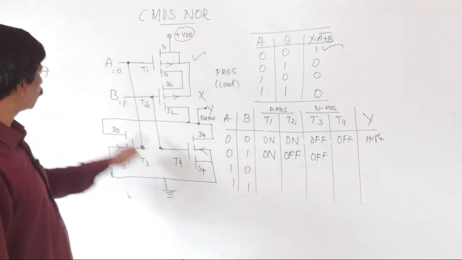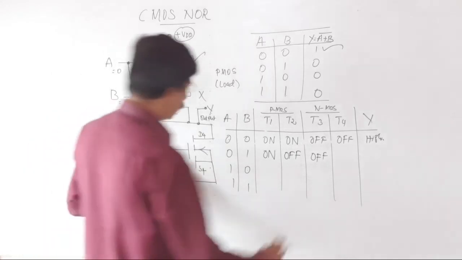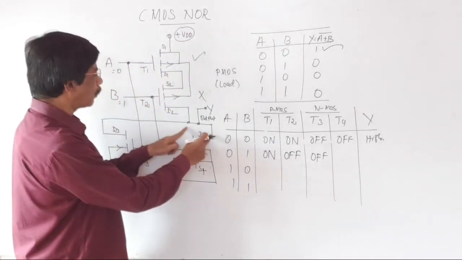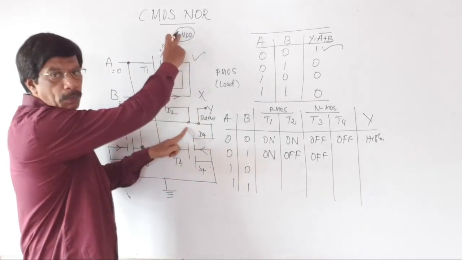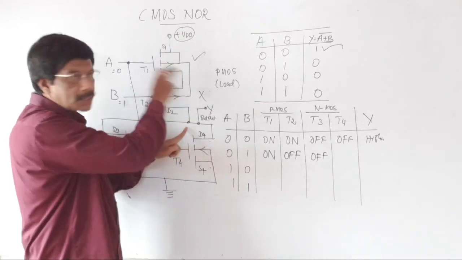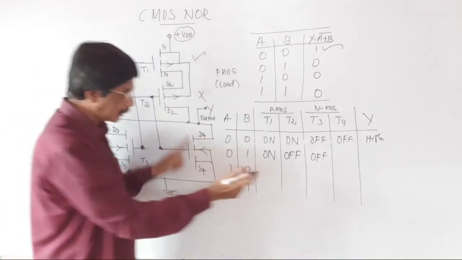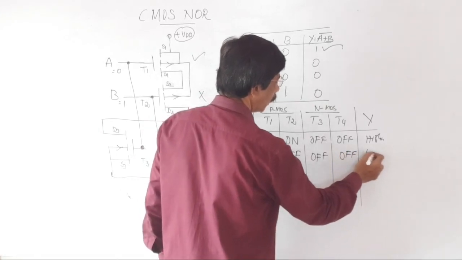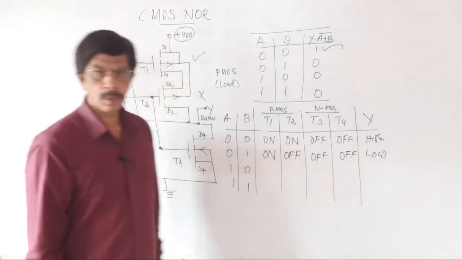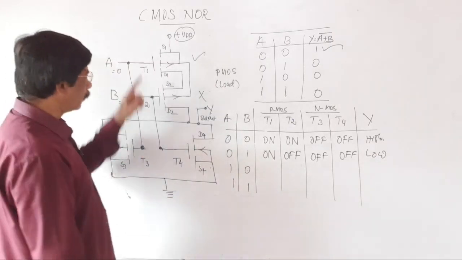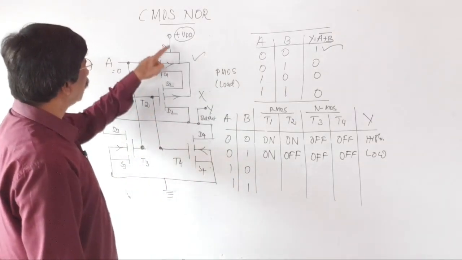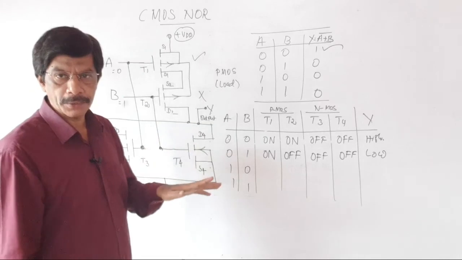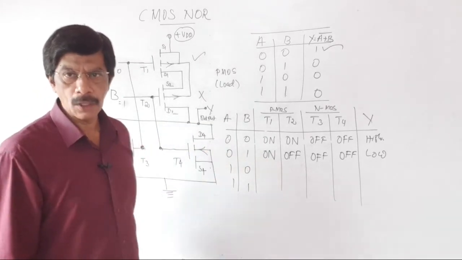T4 is connected to one input, it is on, but this positive power supply is not connected to plus VDD, since it is acting as an open circuit, so this is also off. The output now is low value. The important condition is if any one transistor in the cascaded form is open circuit, you don't get any output.